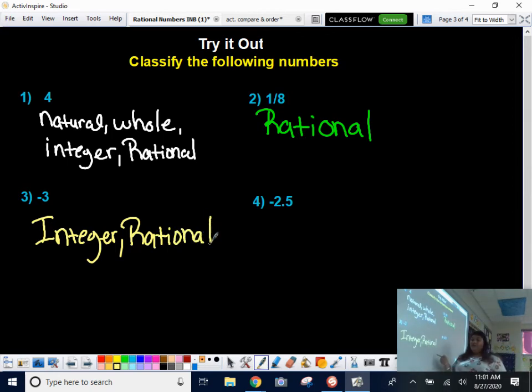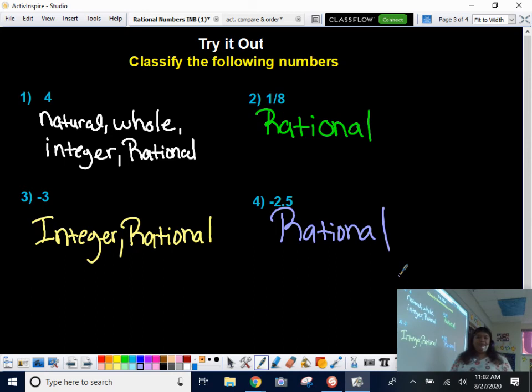Okay, so on this one, you should have got integer, but don't forget it's also a rational number. Okay, so if you're at the integer circle, go out, and it's also that as well. Okay, now let's do the last one. Last one is -2.5. It's another negative like number 3, but if you take a look, it has a decimal. Okay, so it can't be classified as an integer.